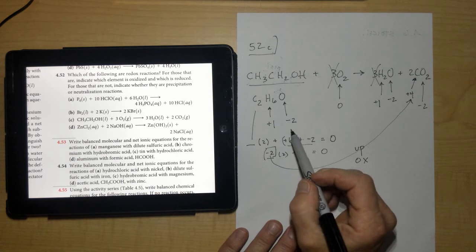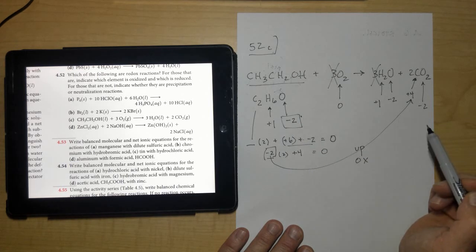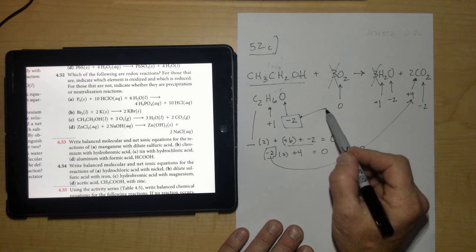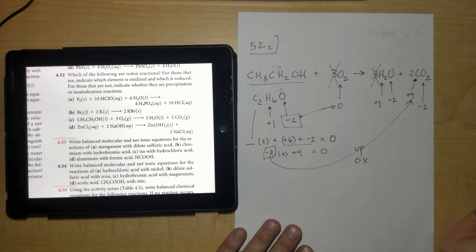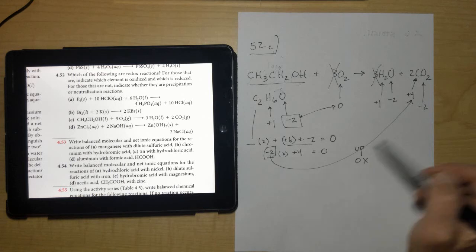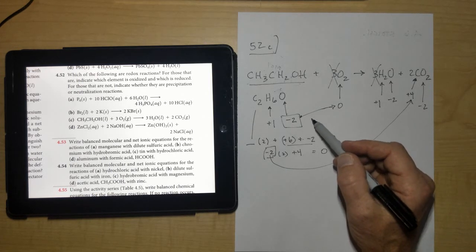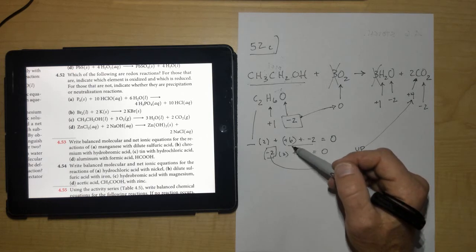And then oxygen right here goes from -2 to 0 right here. Oh, that one looks like it goes up as well. I must have made a mistake on this one. What did I do wrong?